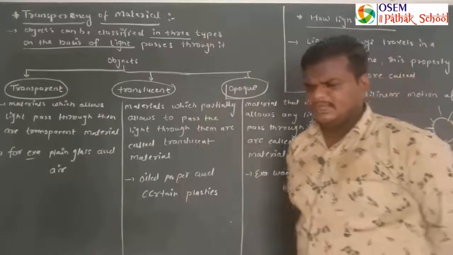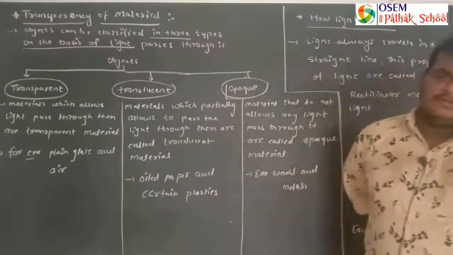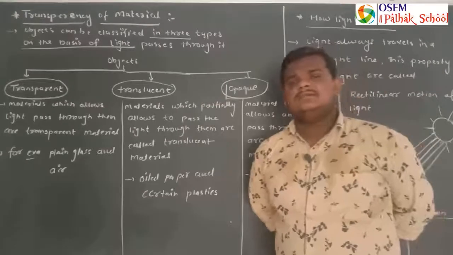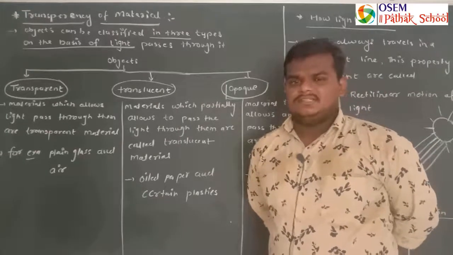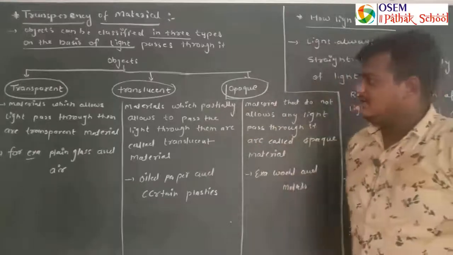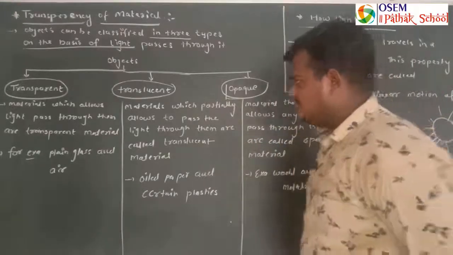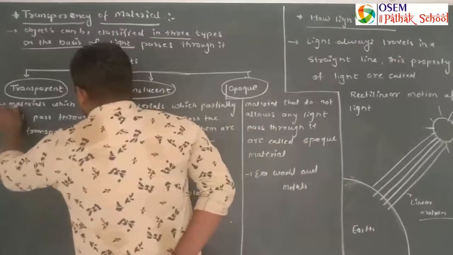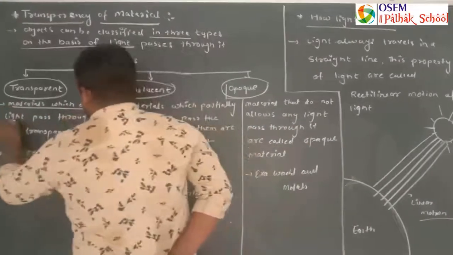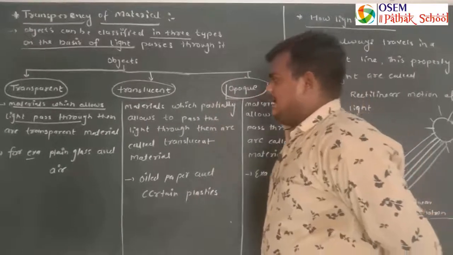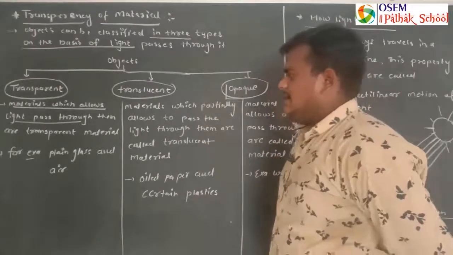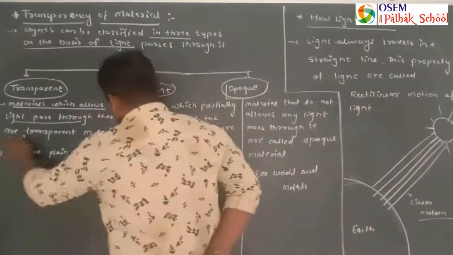So transparent material means the material which can easily pass the light through it. This type of materials are known as transparent material. For example, materials which allow light to pass through them are transparent material.